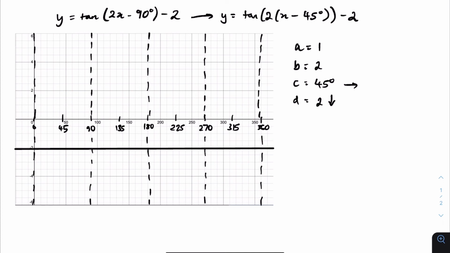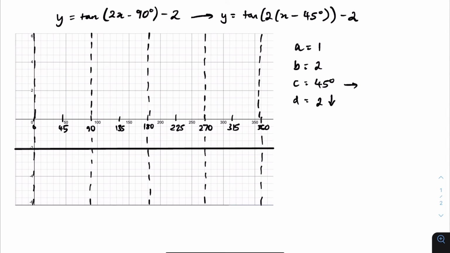So what does that mean? Well, now tangent's going to be showing up a lot of times in this cycle. So what about the values of 45, 135, 225, and 315? Let's graph those. Those are going to be the points where tangent is 0, or rather, it's 0 without the vertical shift.